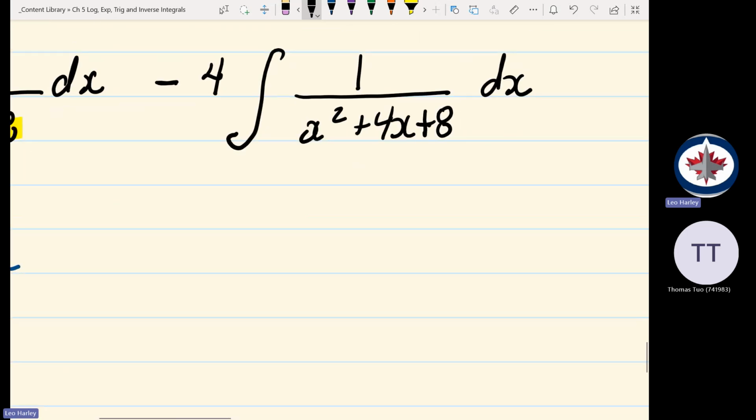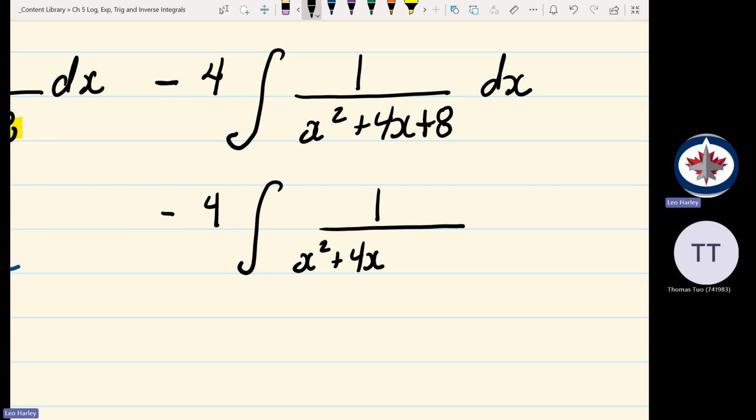So if we take a look at this side here, we're going to keep this as minus 4. This is the integral of 1 over. And can you see if you created x squared plus 4x plus 4 and then plus 4, if you split the 8 into the plus 4 here and the plus 4 there, can you see in a way you've kind of completed the square, except you just broke down the number 8.